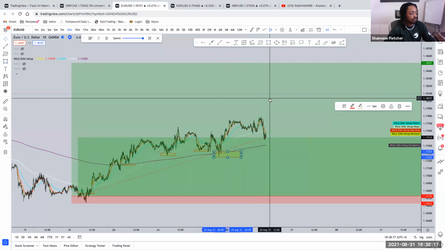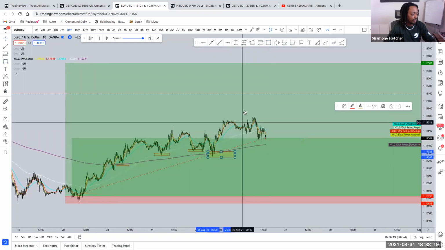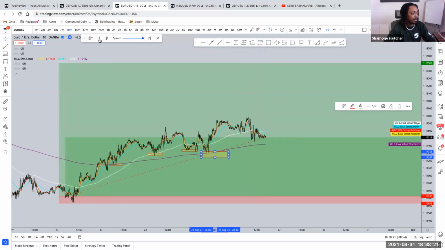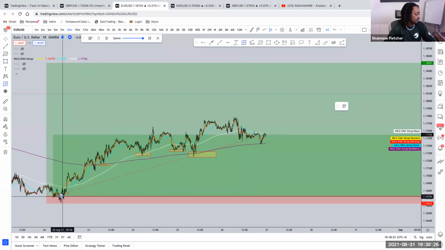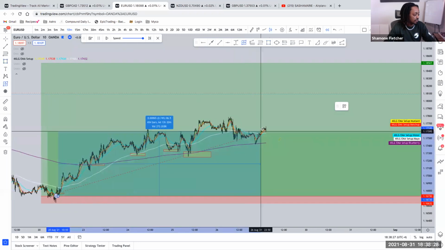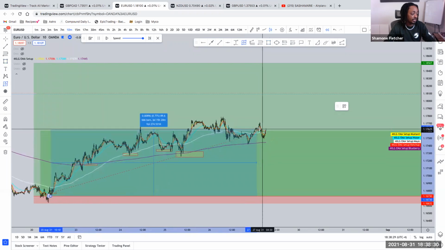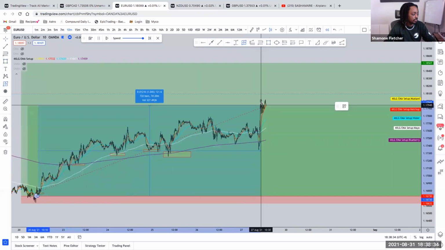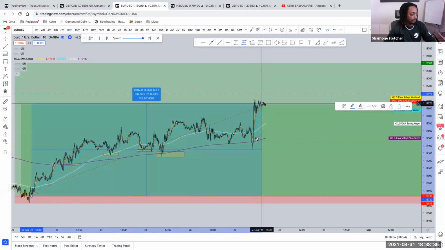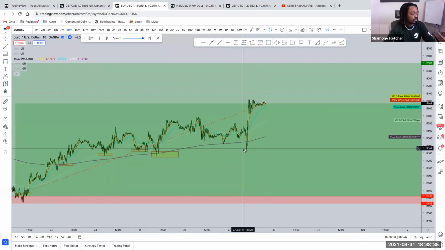I am still holding this trade. This happening does not matter, because at this point, it's only been a week. Welcome to swing trading.